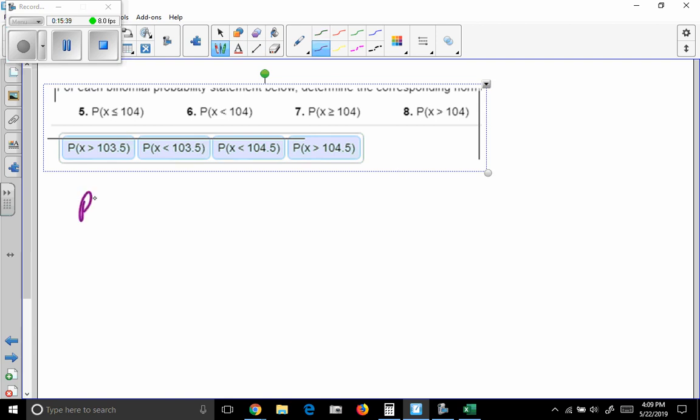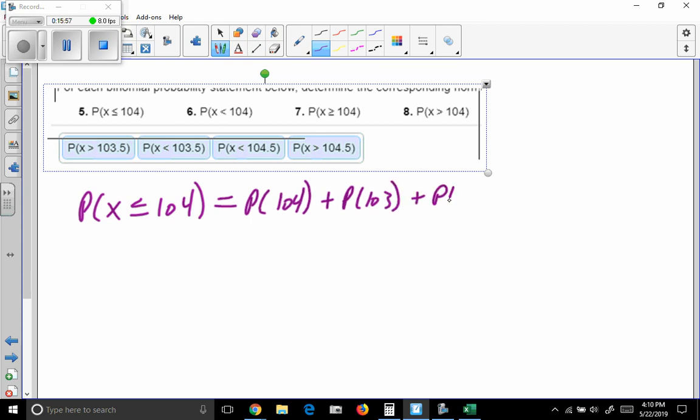If we're looking for the probability that x is less than or equal to 104, and that's a binomial distribution, then we need to include 104, 103, 102, all the way down to 0. So the question is, if this is 104, do we need to go a half unit below it or a half unit above it?